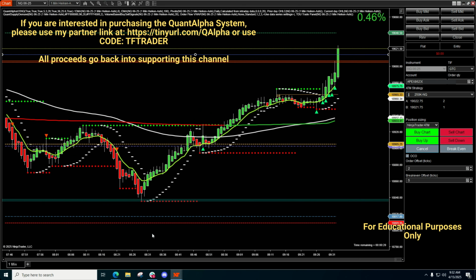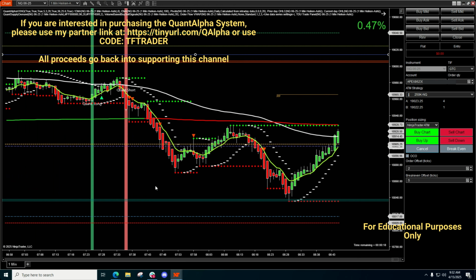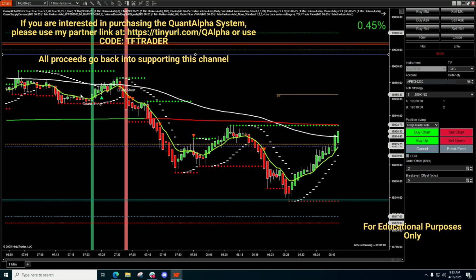An S2 trade is the second type of trade, where the S1 is not valid. In this case, we had a green here, a Quant long. The Quant long must be above the 100 EMA. If it is not, then what you do is you wait until you get this green arrow, which is a high volume bar, and that closes above the 100 EMA, then you can take the long.